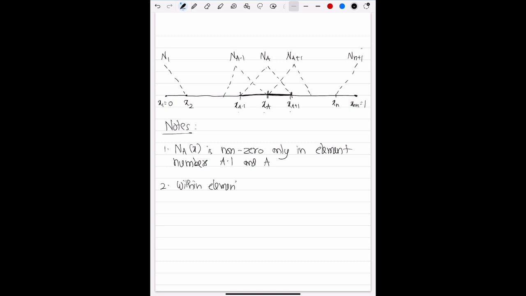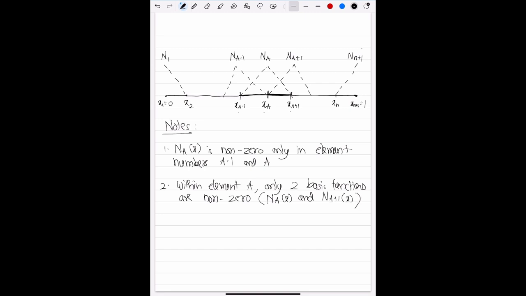within element a, only two basis functions are non-zero, and they are basis functions Na of x and Na plus 1 of x.